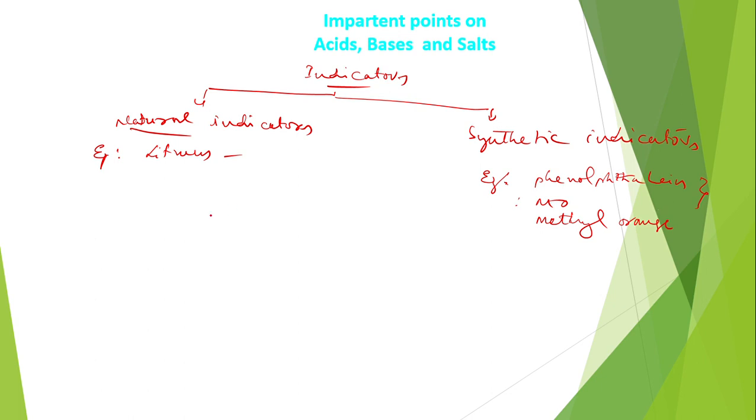Now again we will discuss. So litmus, if it turns red to blue: if it is red, it is acidic.